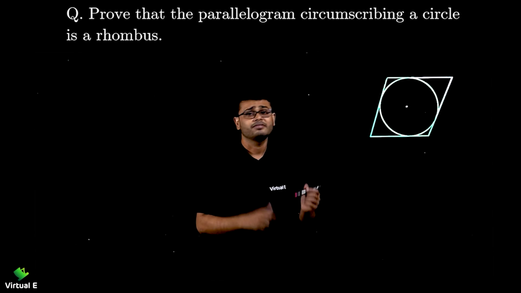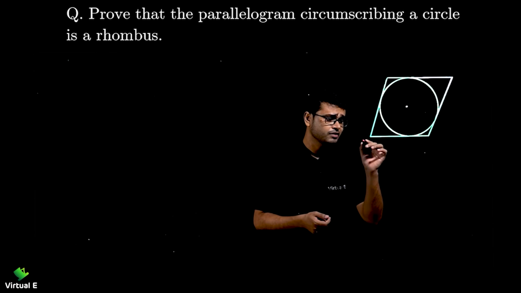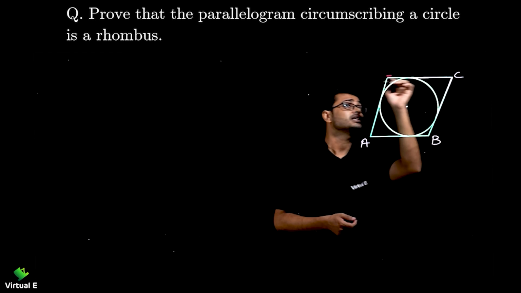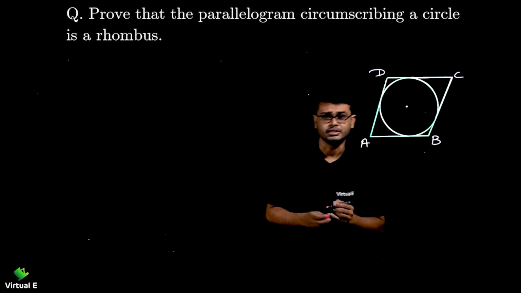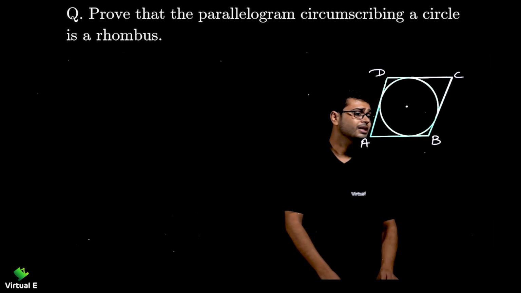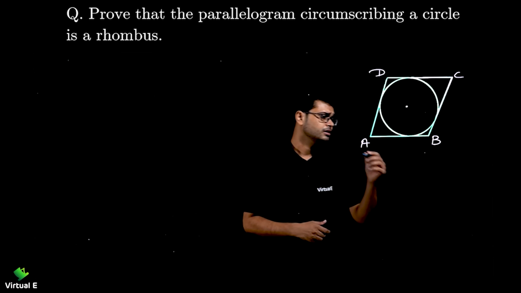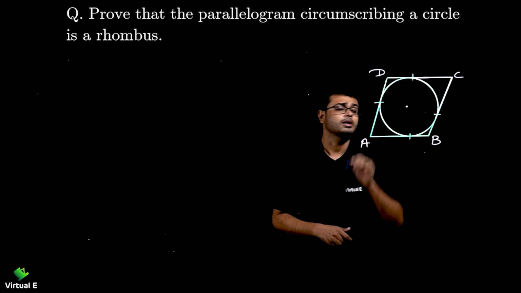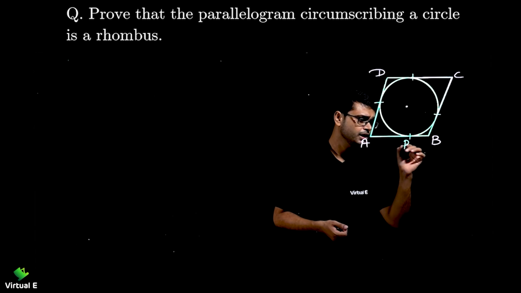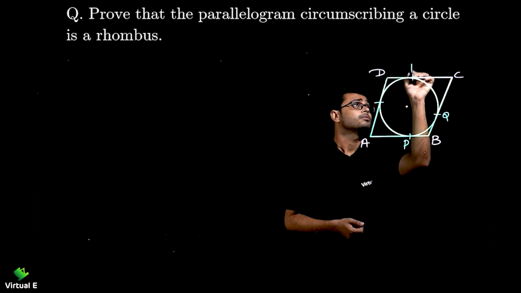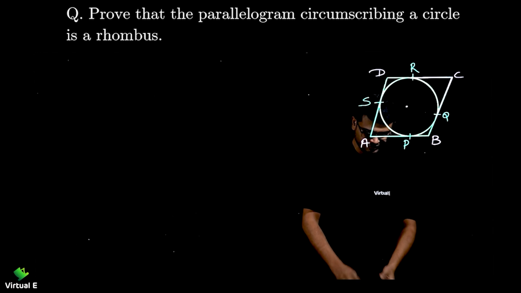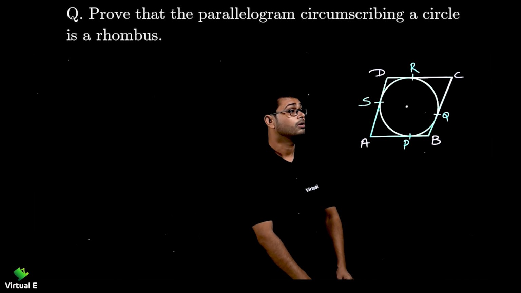First of all, let's give names. Let's start with A, then B, then C, and D, right? Now let's name these points as well, which touch the parallelogram. PQRS only. Let's give P and Q and R and S. Done, so we have named it. Now how shall we start?